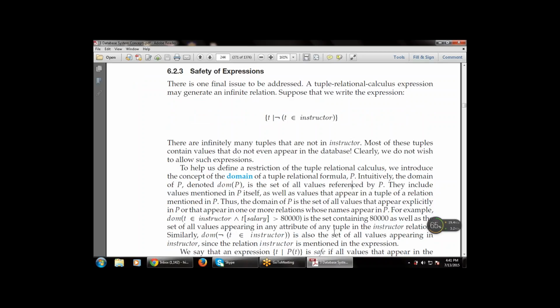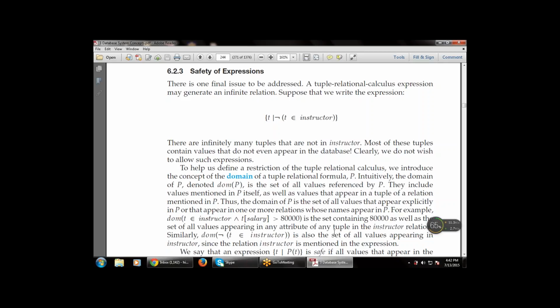Therefore, the domain of P is the set of all the values that appear explicitly in P, or that appear in one or more relations whose names appear in P. For example, dom(t ∈ instructor ∧ t[salary] > 80000) is the set containing 80,000 as well as the set of all the values appearing in any attribute of any tuple in the instructor relation.